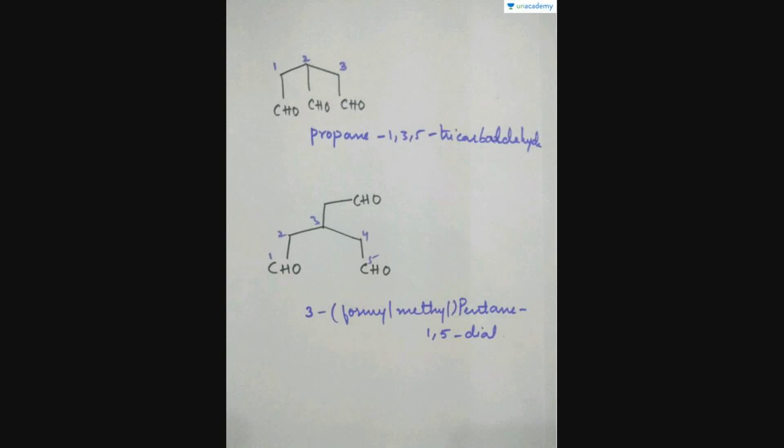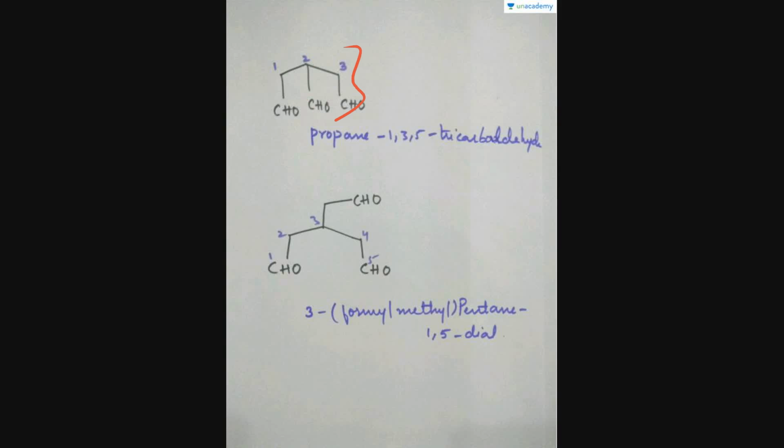Look at this. Here we have 3 aldehyde groups, and this is an unbranched hydrocarbon. For an unbranched hydrocarbon, if you have the same groups more than 2, and they are directly attached to this chain, then they are written this way: propane 1, 2, 3.